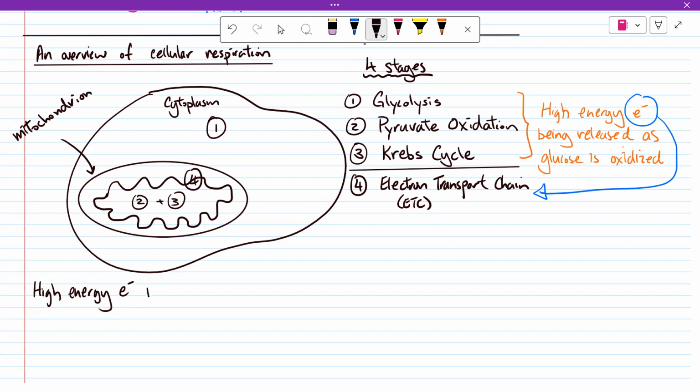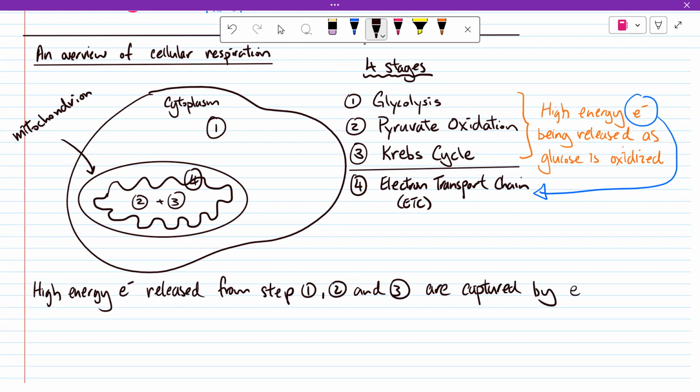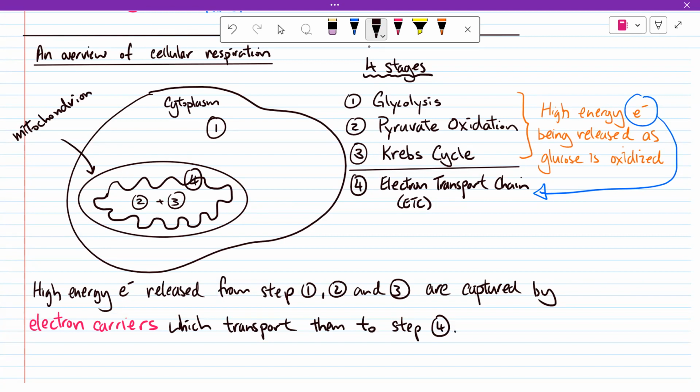High energy electrons released from step 1, 2, and 3 are captured by electron carriers, which transport them to step 4.